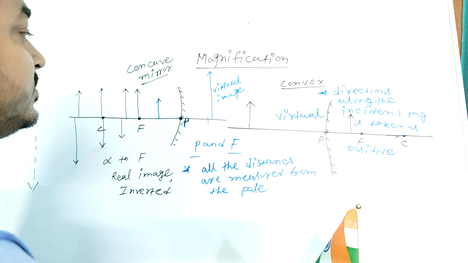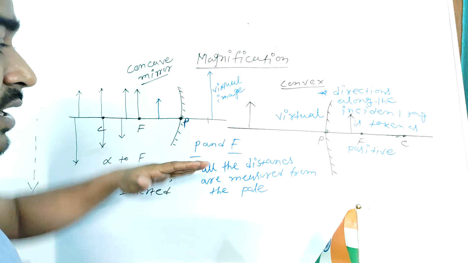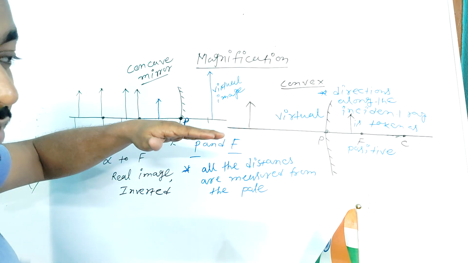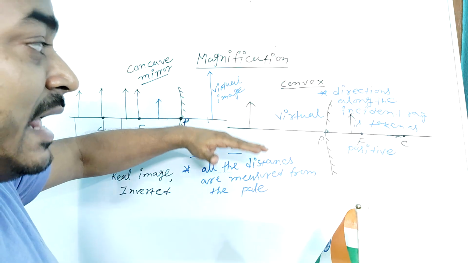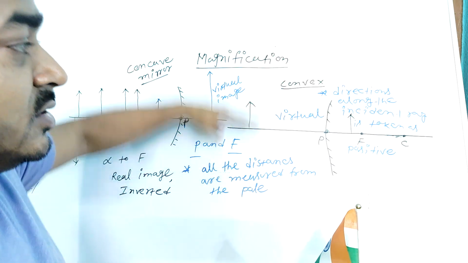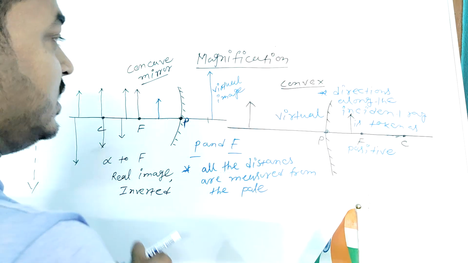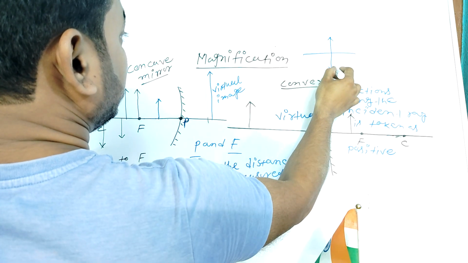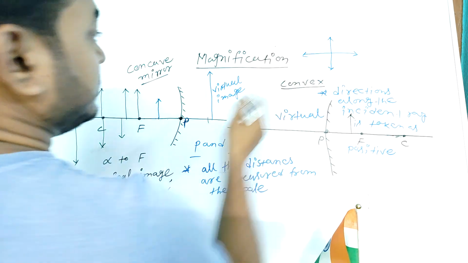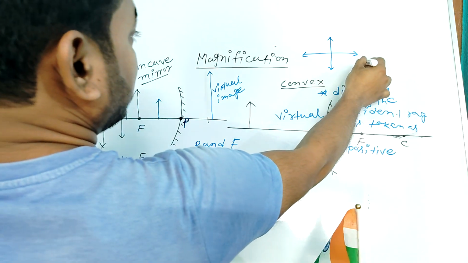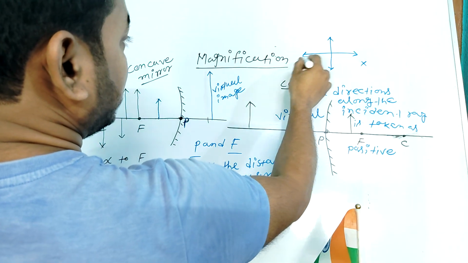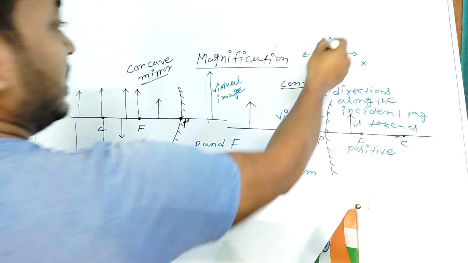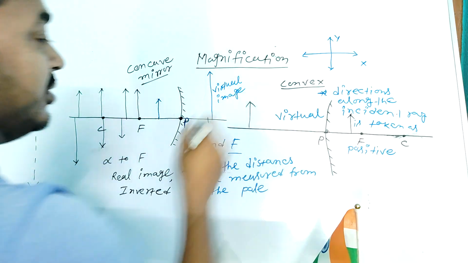Third point. If we consider the height above the principal axis, in coordinate geometry we have two axes. One is x: this direction positive, opposite direction negative; upward direction positive, downward direction negative.